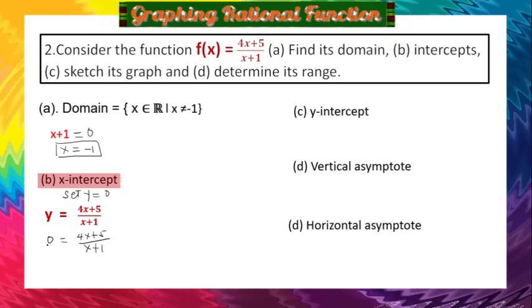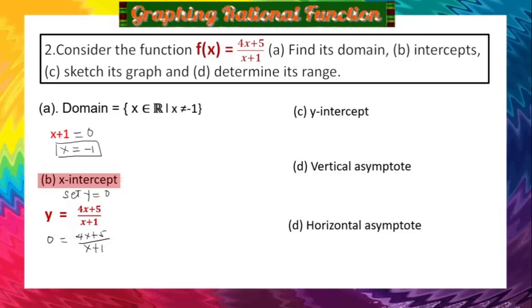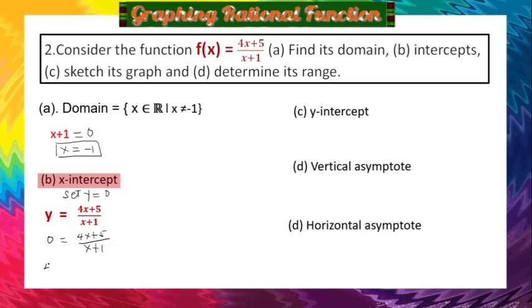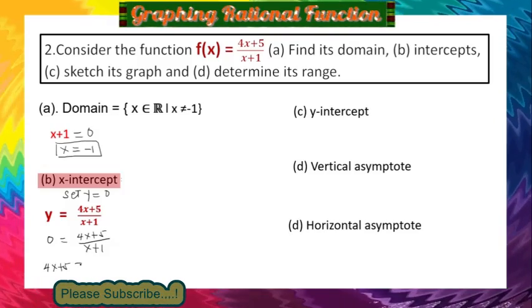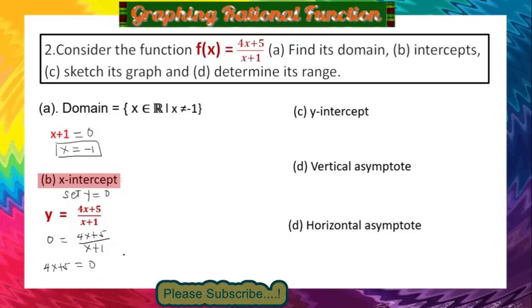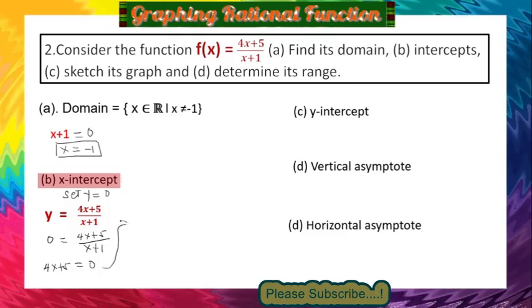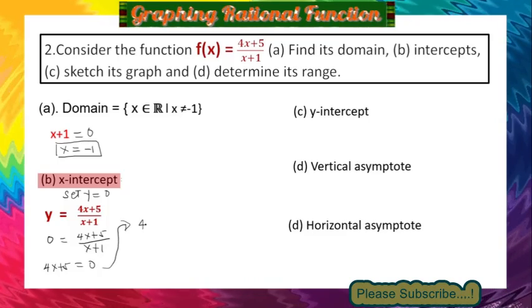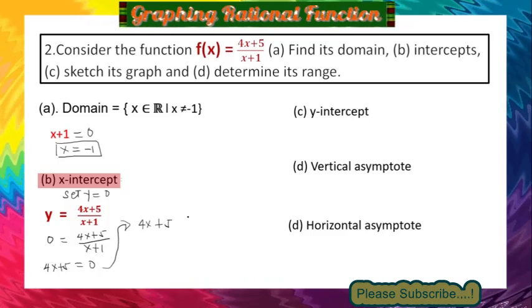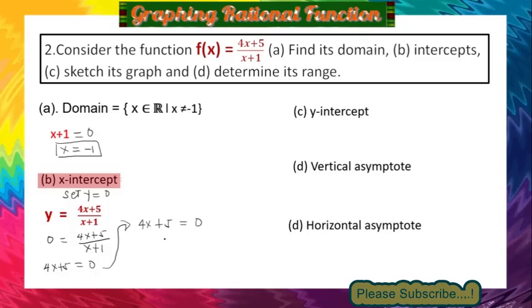Then as I said, cross multiplication. So this is 4x plus 5, and this one is 0, so 4x plus 5 equals 0.